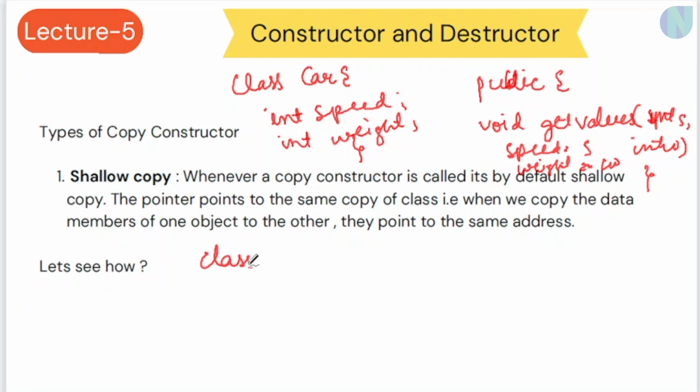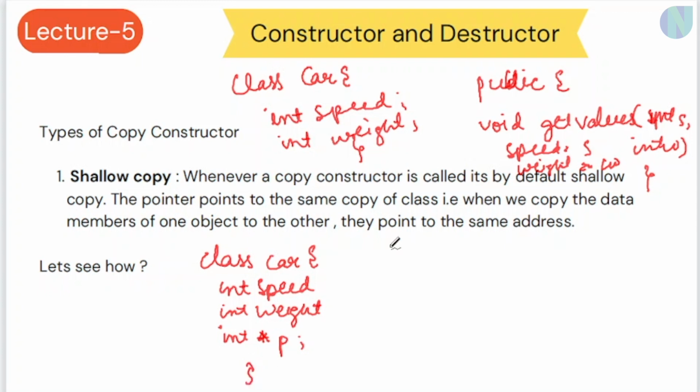So basically I am having a class car, and there I am priorly having speed and then weight. Now I am having a pointer variable, like at the dynamic allocation I am having a pointer variable. For this, consider at the point of making the constructor I am allocating some space to this pointer variable with new int.